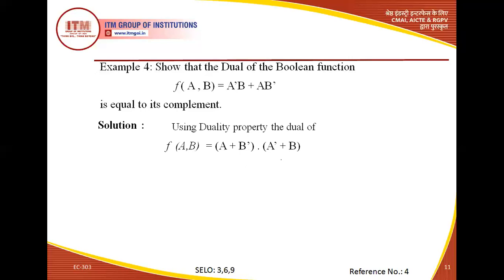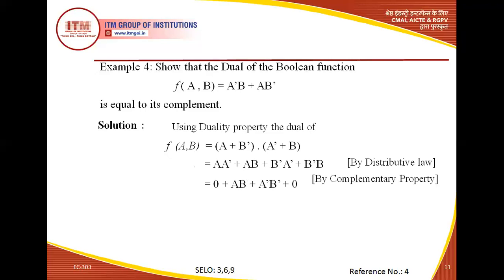Now we can simplify this function. By using the distributive law, first we multiply: a dot a dash, plus a dot b, plus b dash dot a dash, plus b dash dot b. Now we know that a dot a dash equals 0 by the complementary property, and b dot b dash equals 0.